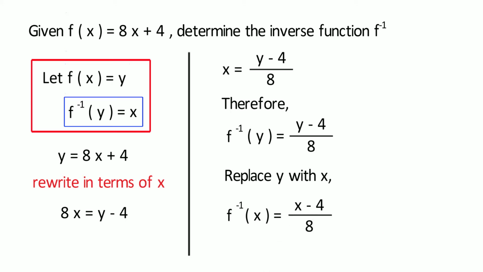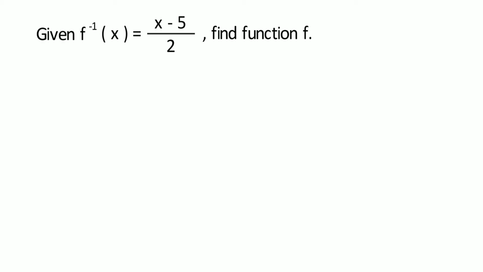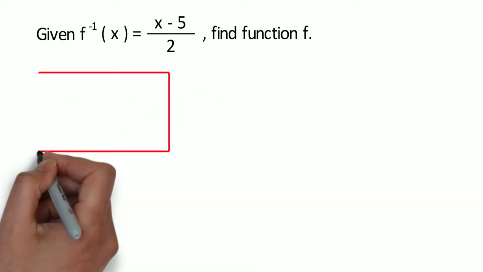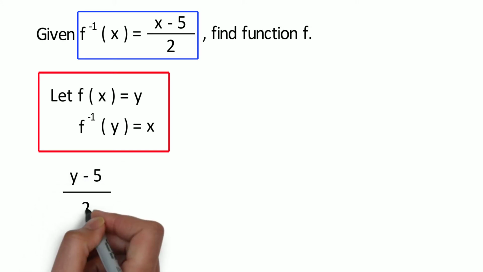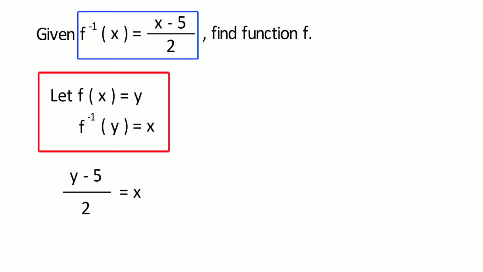Now let's find the function when given the inverse function. In this question, it is given that f inverse x equals (x minus 5) over 2. Find the function f. So repeat the first step like in the previous question. Now substitute object y into function f inverse and we get (y minus 5) over 2 equals x.